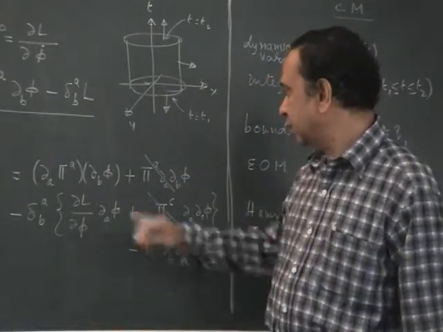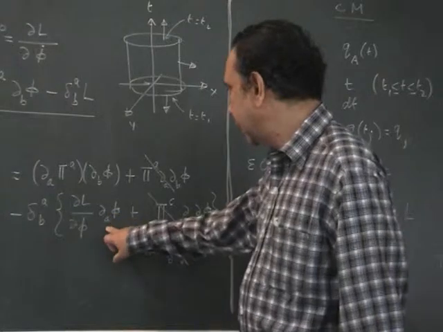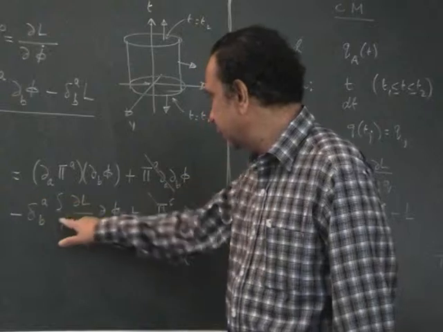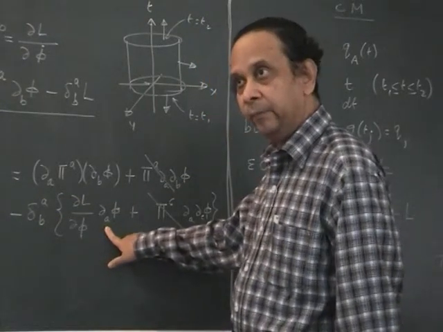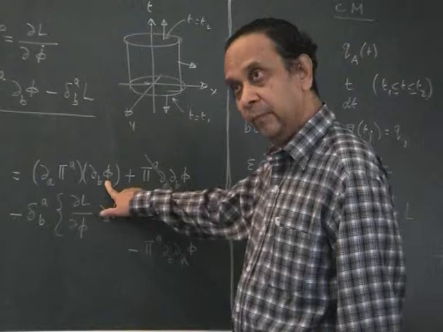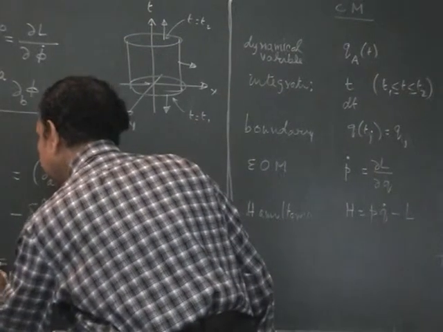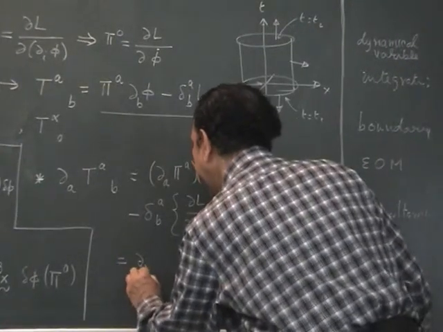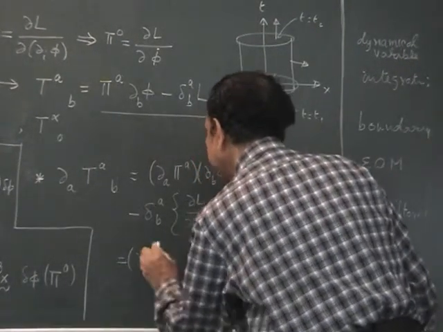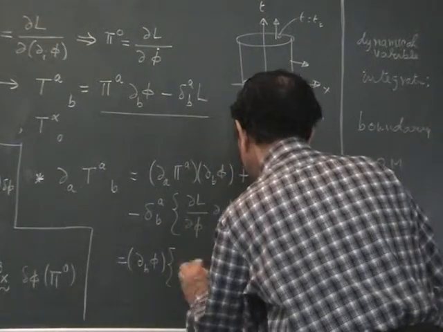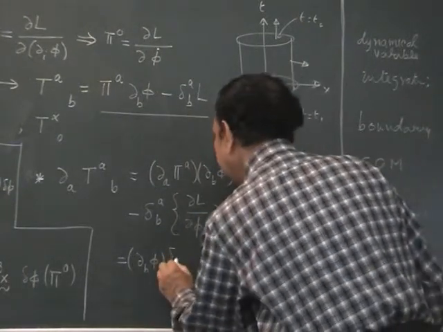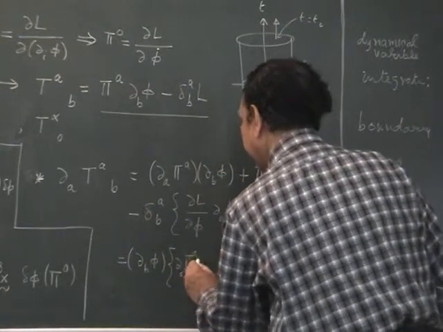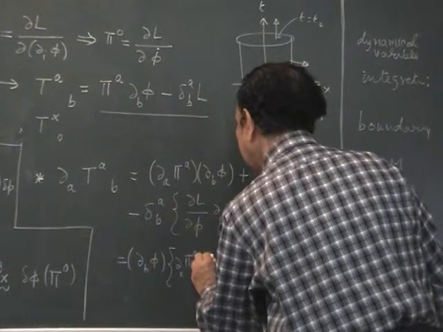Now what is left has a dA of phi here, again hit with this delta, so that becomes dB of phi. But that is exactly what I have here. Therefore, this is equal to dB of phi times dA of pi A coming from this, minus dL by d phi.